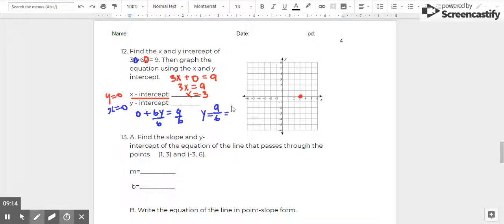Let's simplify this. 3/2, which is 1.5. So the y-intercept is 1.5. 1.5 should be on the y-axis. And if you connect the dots, it should be like this. And don't forget to put the little arrow.